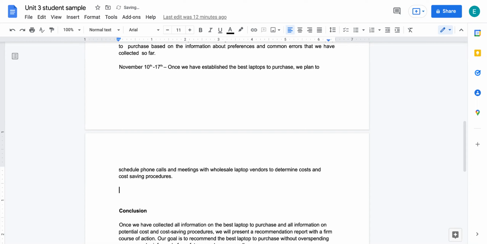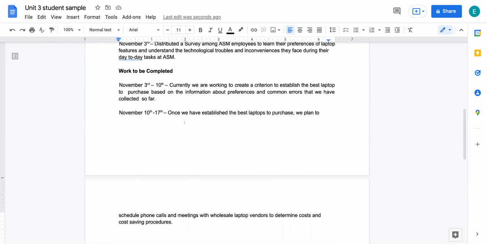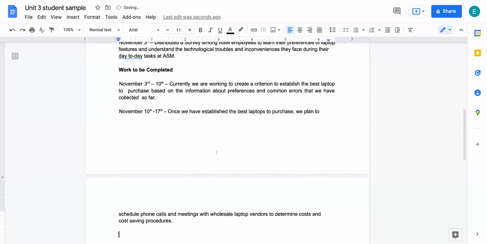So you would just space down, add a date right here where this cursor is, and then write about analyzing the survey and interview data and make a recommendation based on writing the recommendation report, which is also called the feasibility report. So that's all that this sample is really missing.